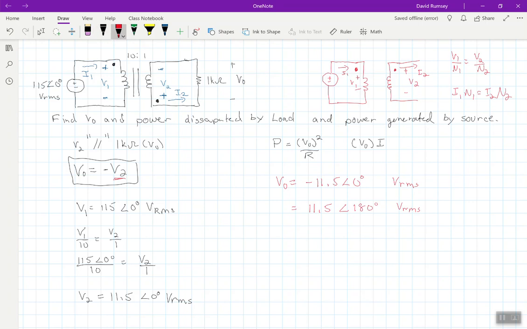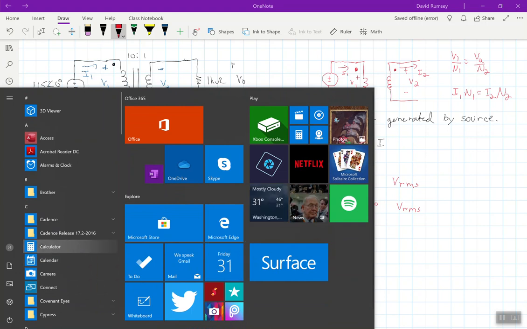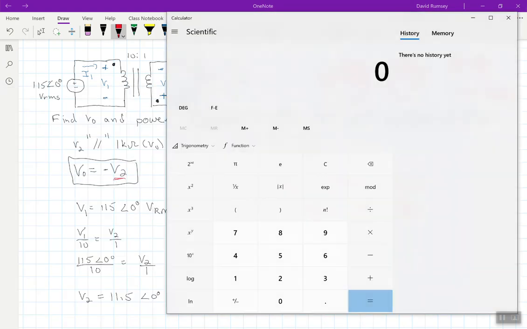So now the power, we'll go ahead and just use the voltage squared over R. So my power here would be negative 11.5 squared divided by my resistance, 1 kilo ohm. Let me just go ahead and pull up a calculator here. I don't have my calculator sitting next to me.